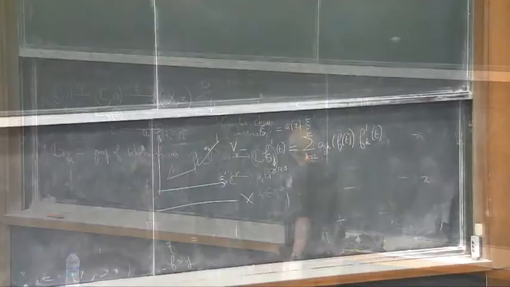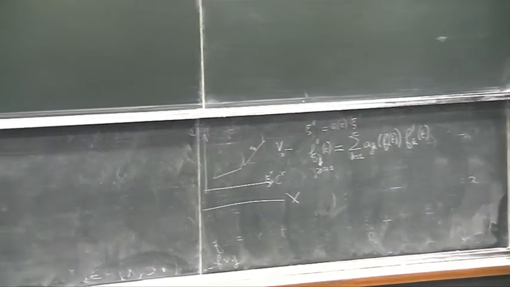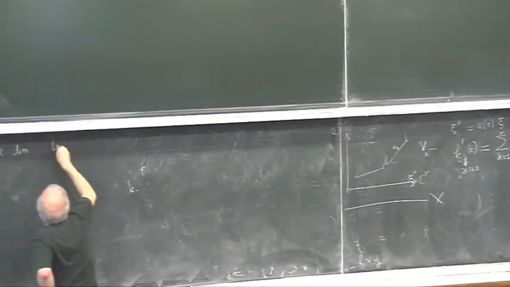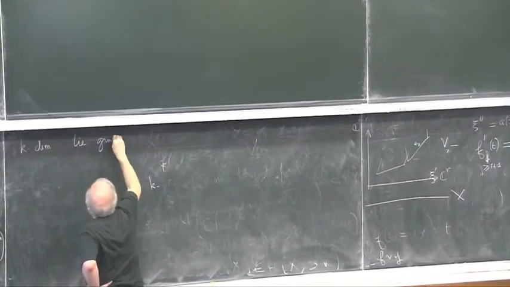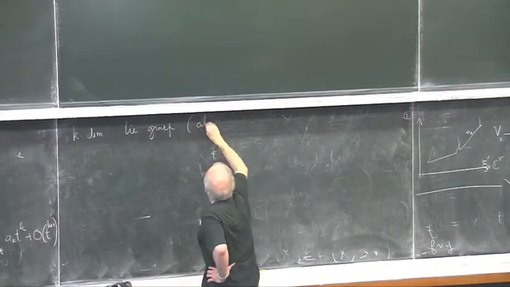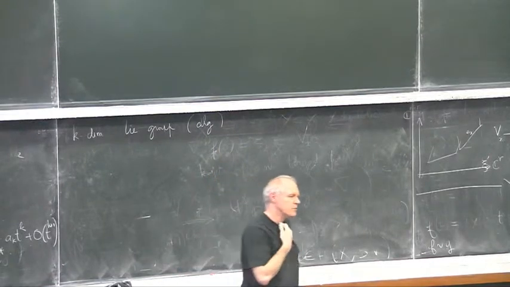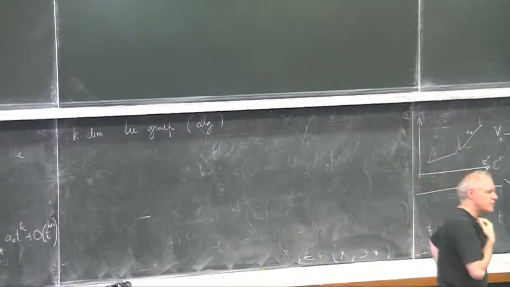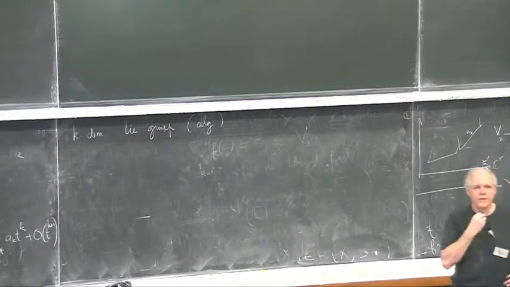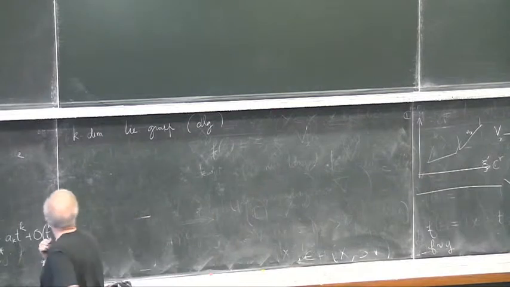So it's of course a k-dimensional Lie group here. You have k complex numbers. So this is a k-dimensional algebraic group, which is, however, not reductive. So from the viewpoint of representation theory, it creates difficulties.